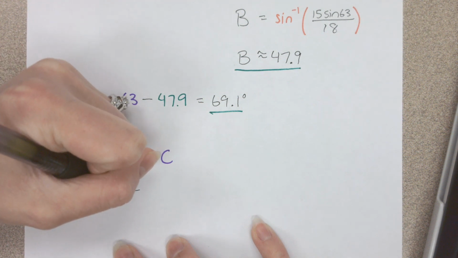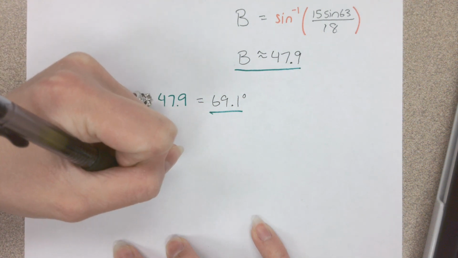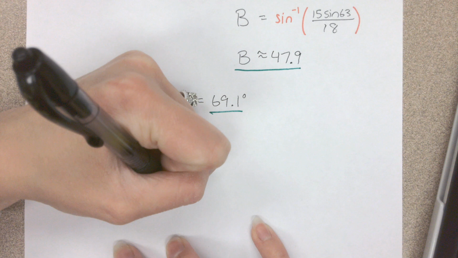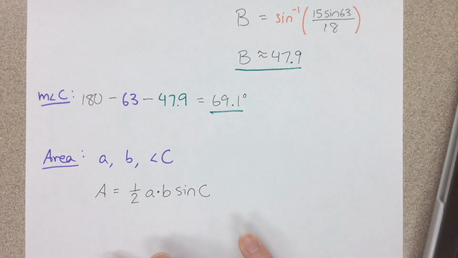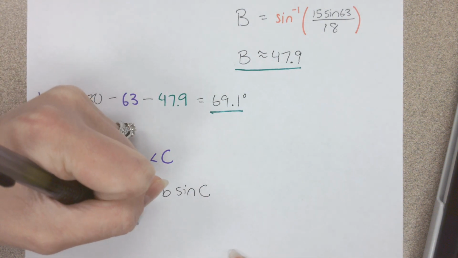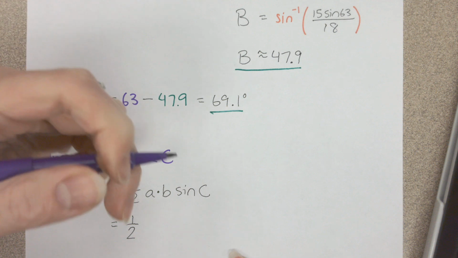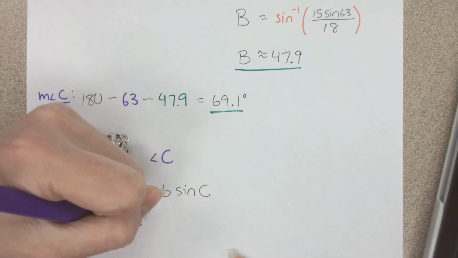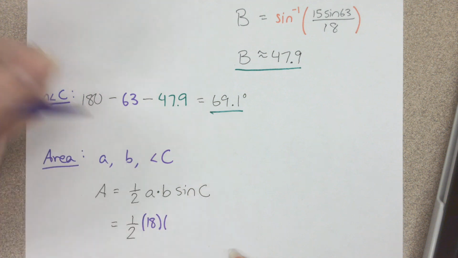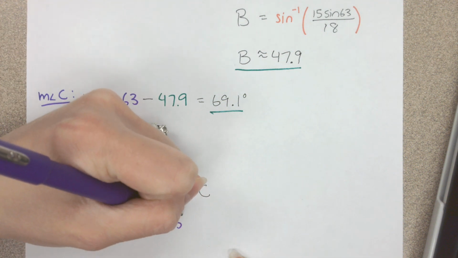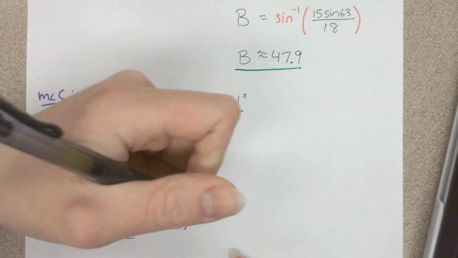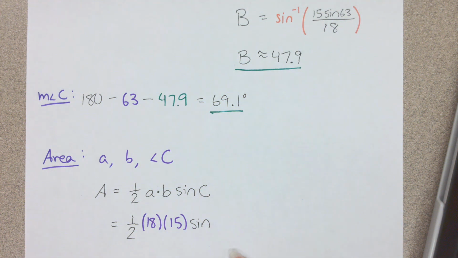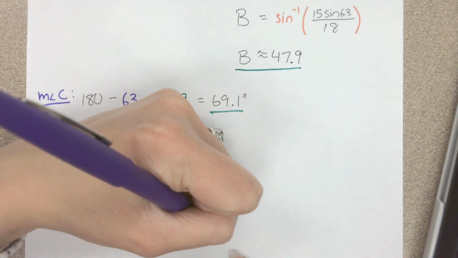A equals 1/2 A times B sine of C. 1/2 A is, covering up my work up here, 18. B is 15. And sine of C is 69.1.